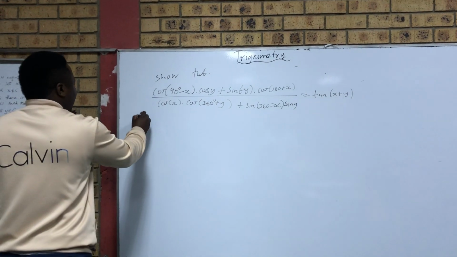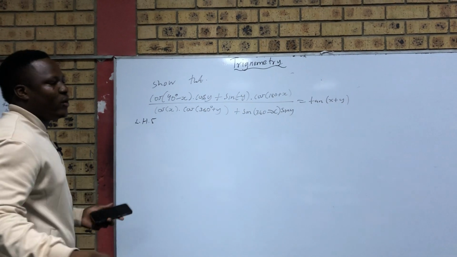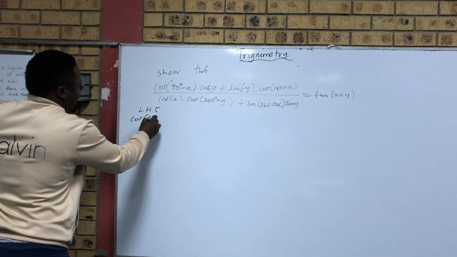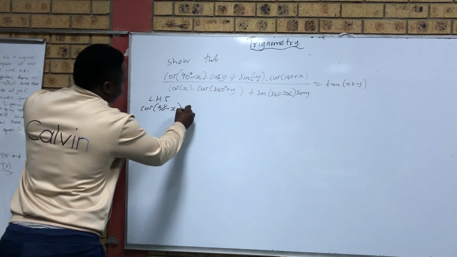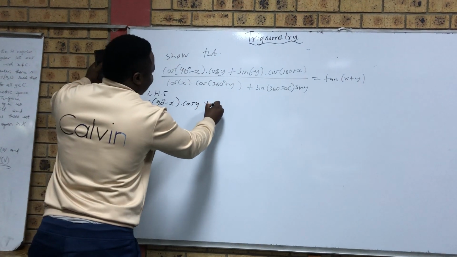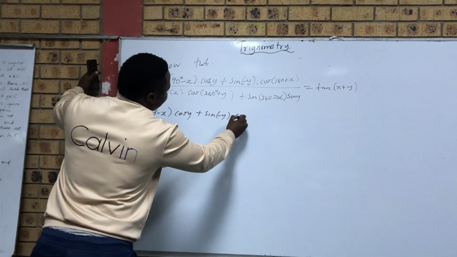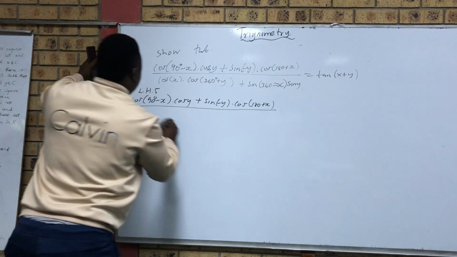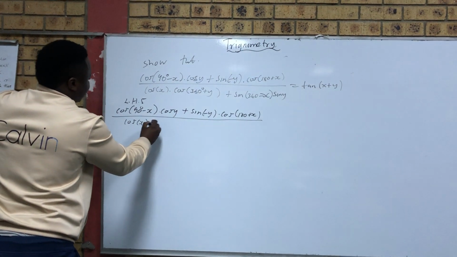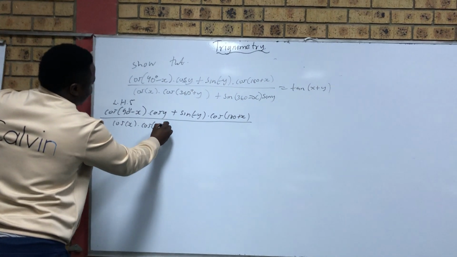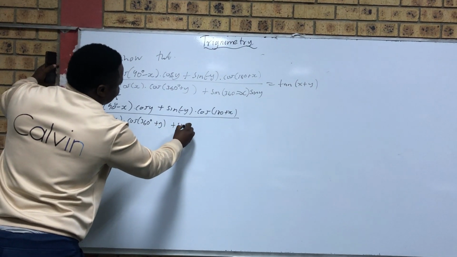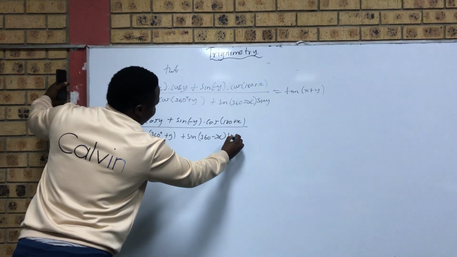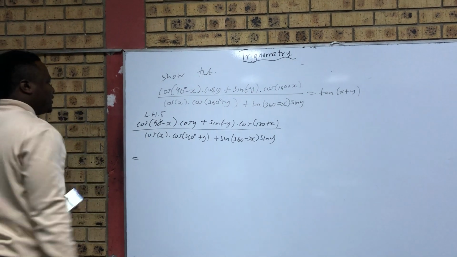Of course, you'll have to choose the left-hand side, because the left-hand side is the one that looks a little bit complex. So we're going to have cos of (90 minus x) multiplied by cos y plus sine of (minus y) multiplied by cos of (180 plus x), all over cos x, then cos of (360 plus y) plus sine of (360 minus x), then sine y. Now, let's solve this.